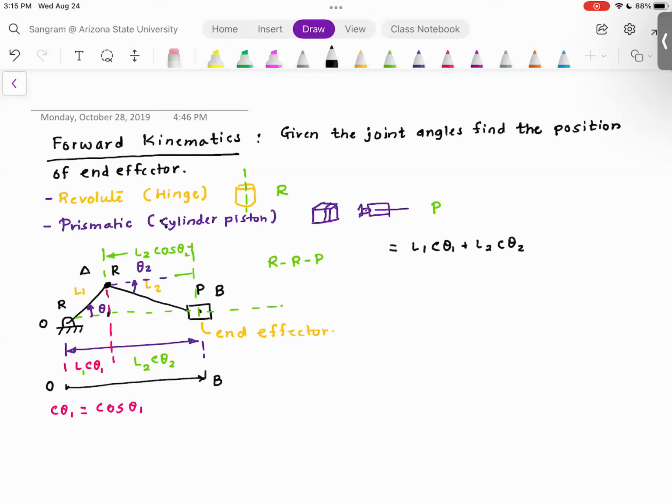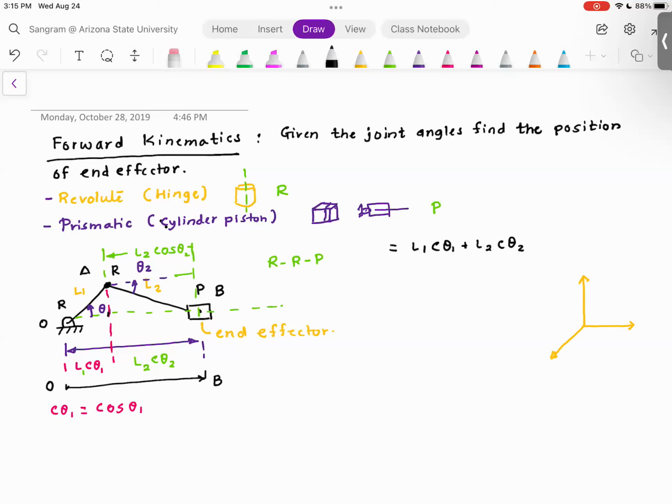And what we do is we use a coordinate frame, which is a right-handed coordinate system. And that is all we are going to use in robotics 1 and robotics 2. And this is a triad. It may be easier in this case because everything is planar.